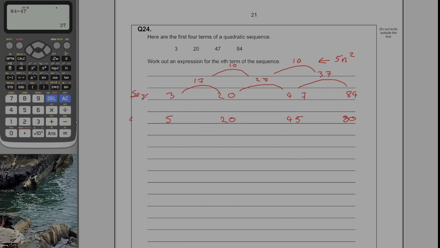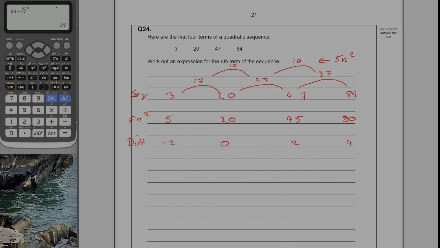This is 5n squared. So what do I need to do to the 5n squared to get to the sequence? So we need the difference, to do what I need to do to this to get to this. So I'm going to do this, take away this. So minus 2, 0, 2, and 4.